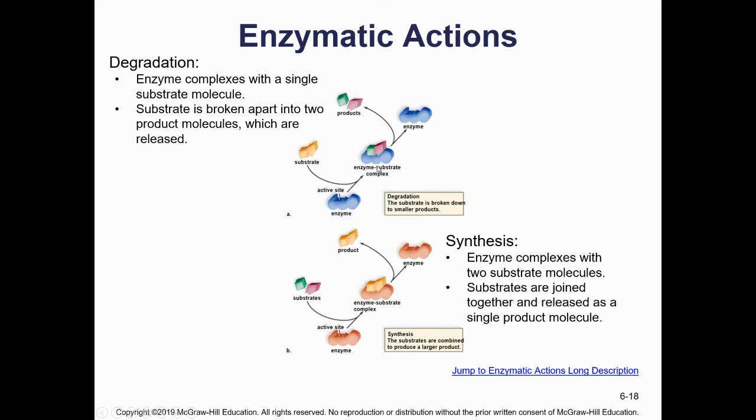When the substrate binds to the active site, I now have the enzyme substrate complex. The enzyme is going to change shape just slightly to make the chemical reaction happen quicker, and it's going to release the products. I went from one big molecule to 2 small molecules. Those are my products. That's done. The enzyme takes off. So the enzyme's not involved in this reaction other than makes it happen, off it goes.